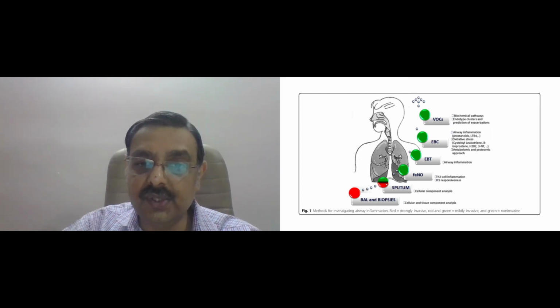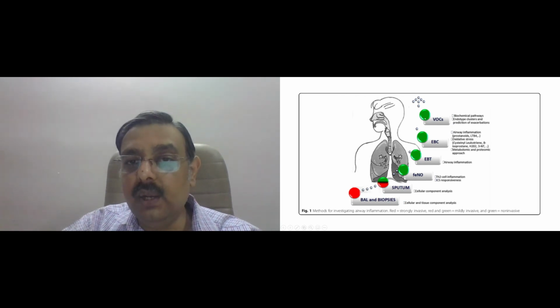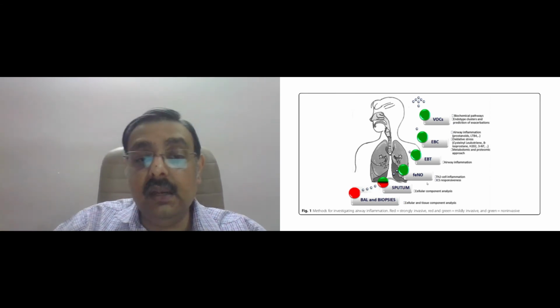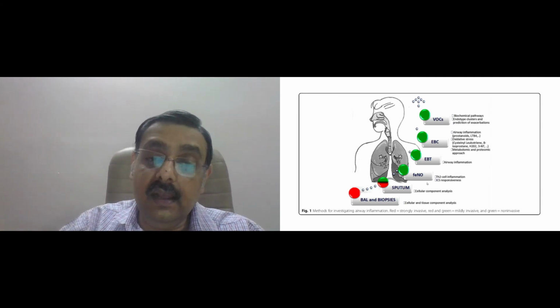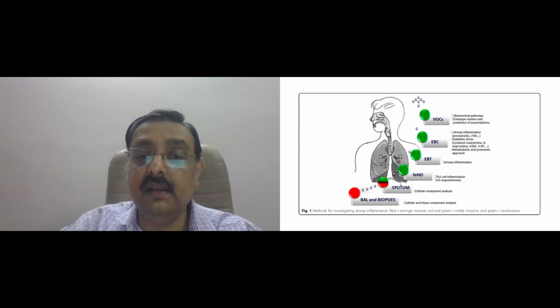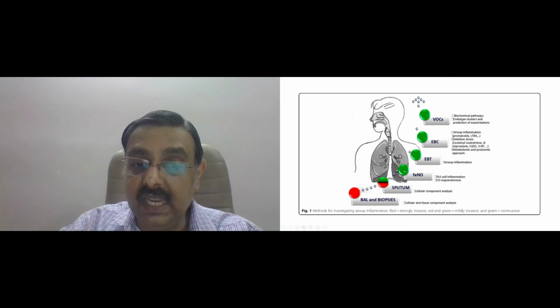So doing sputum eosinophils, doing an FeNO, doing an exhaled breath condensate, and doing volatile organic compounds. So these are the ways which have been cited, but most of these are still not standardized, still not available into clinical practice. And the only tool which we actually have available in the clinical setup is an FeNO, and we'll talk about the FeNO.